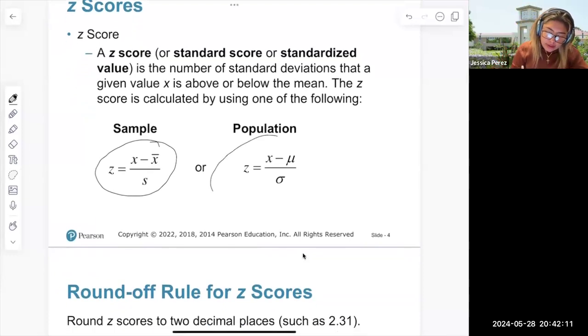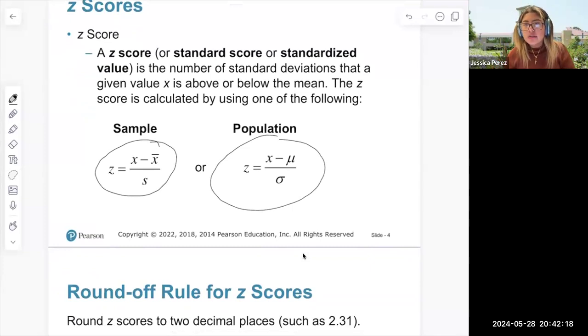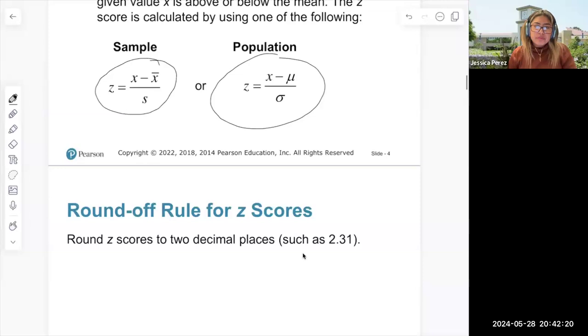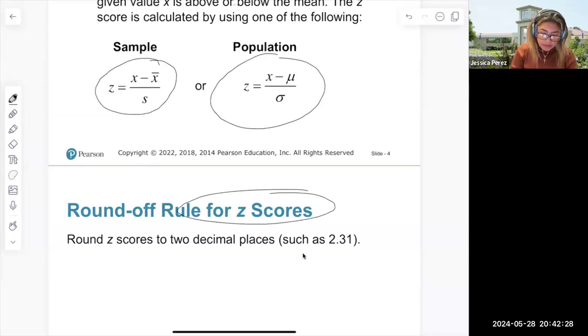Okay, so let's write those out. So again, we have one z-score formula when we have a sample, and a different one when we have a population. How do we use the round-off rule for z-scores? We round z-scores to 2 decimal places.